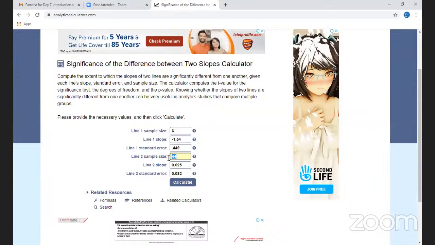Then the sample size for the other group is 6, and the slope is minus 0.124, and the standard error value is 0.379. Okay, I just press calculate and we will get the values.